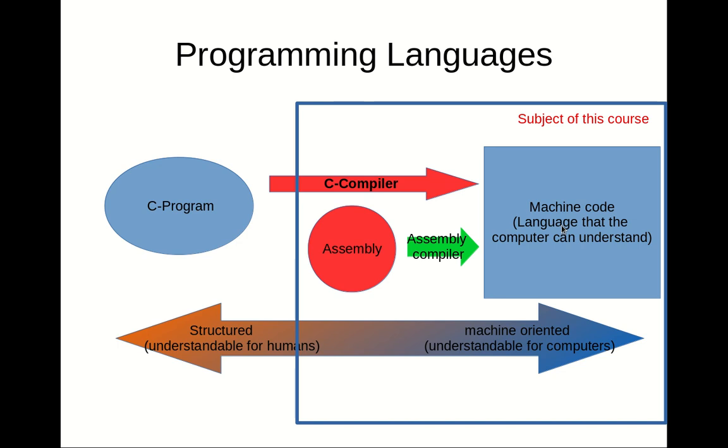So the content of this current course is inside this blue framed rectangle that we see here. So you learn all these aspects. We will learn machine code, how this machine code acts on our CPU for 8-bit microprocessors.